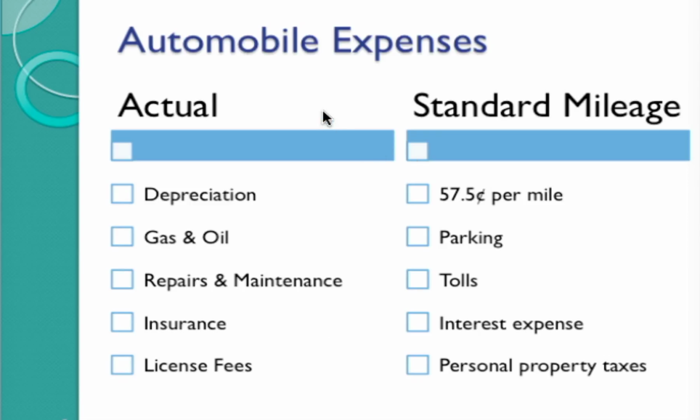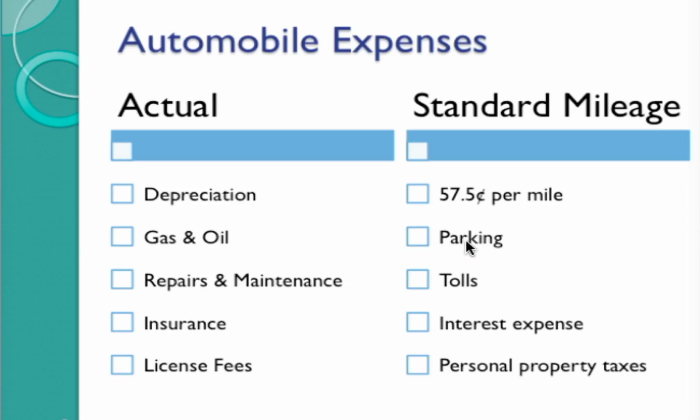In addition, when you're talking about expenses related to an automobile, you have the option of either taking the actual expenses, and you see the categorical list there, or you can take the standard deduction, which at this point is 57.5 cents per mile, and in addition to that, you are allowed to take parking, tolls, interest expense, and personal property tax expense associated with that, in addition to the standard rate. Okay.